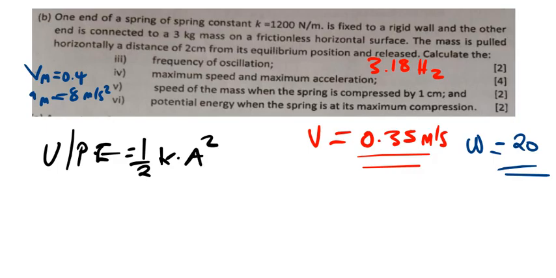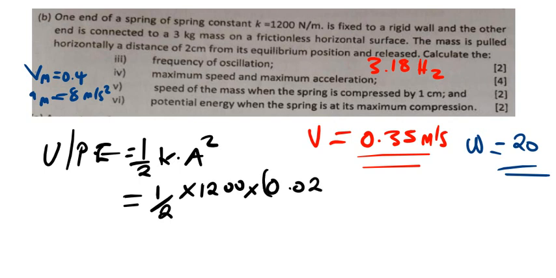So we have half multiplied by the spring constant, which we've been given as 1200, multiplied by the amplitude squared. The amplitude is 2 centimeters, and converting to meters, it's 0.02, but it is squared.